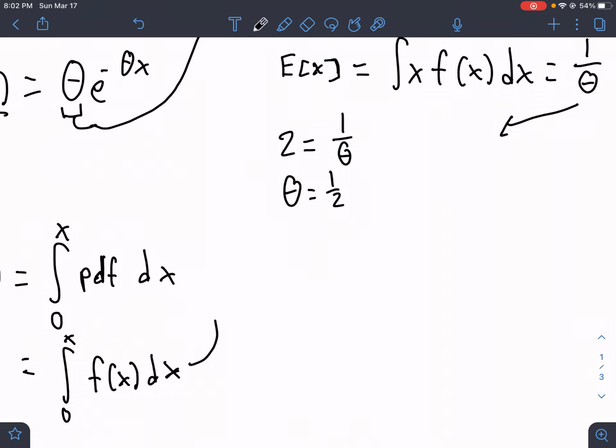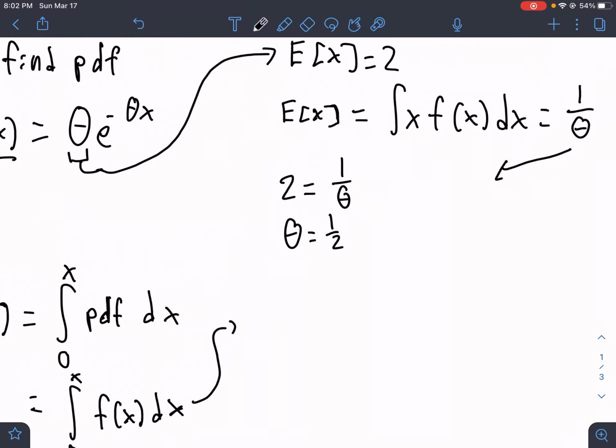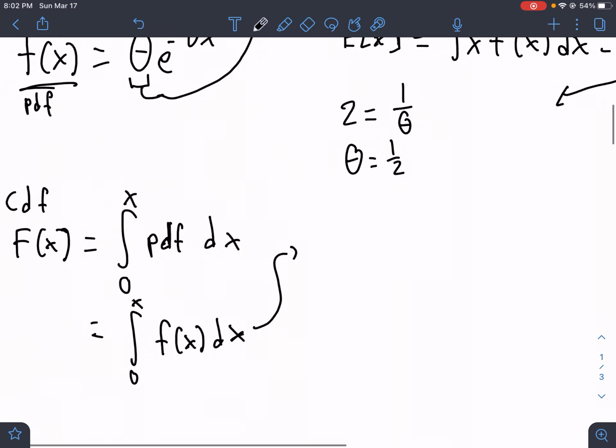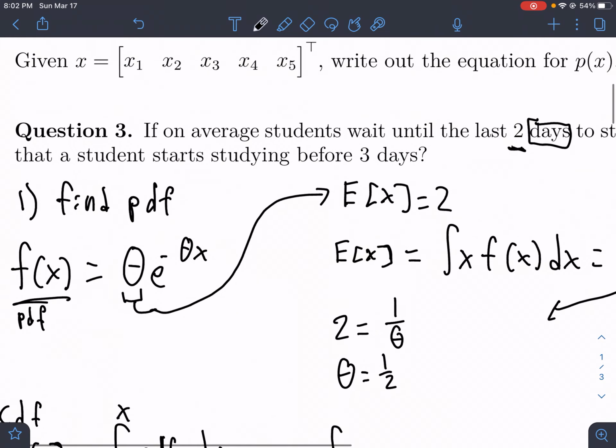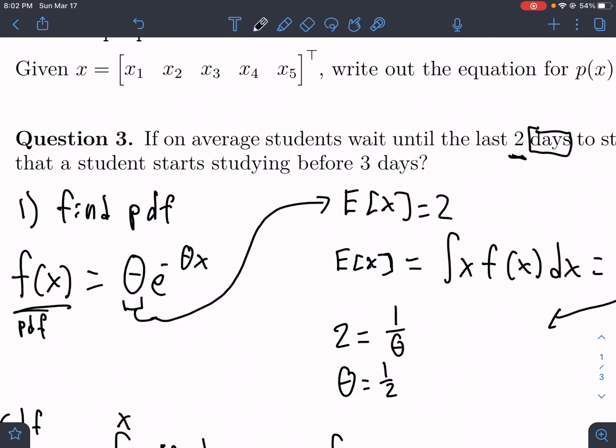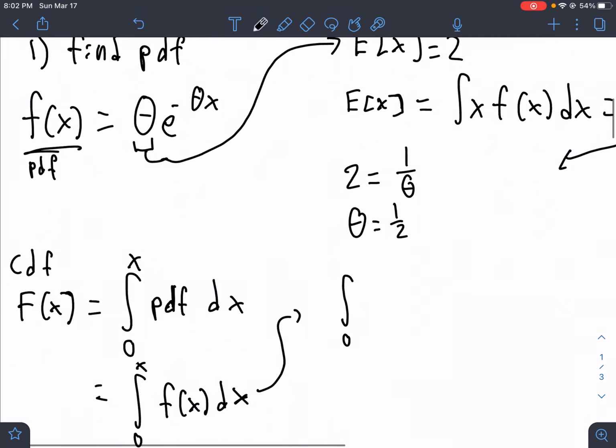All right, so now let's put that back up here, and let's just fill in the blanks, and let's get ready to solve. We need to figure out what x is in this scenario. So if we're asked to find the probability that a student starts studying before 3 days, well, the CDF always starts at 0.